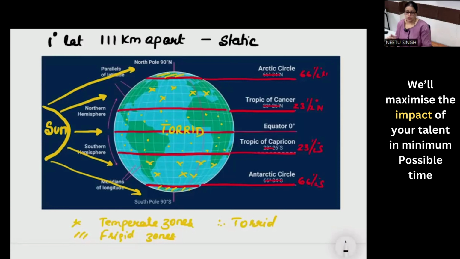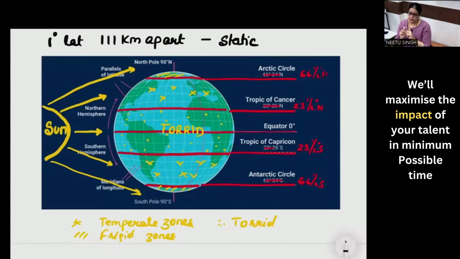So add on carefully. If we go from 0 degrees to 90 degrees, then 0 to 1, 1 to 2, 2 to 3, 3 to 4, every latitude is 111 kilometers apart. The distance between latitudes doesn't change, but the size of the circle keeps changing. That is a different thing. So the equator becomes the largest and the great circle. I have told you the definition of a great circle.